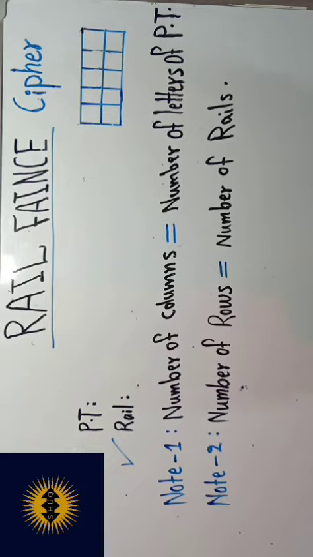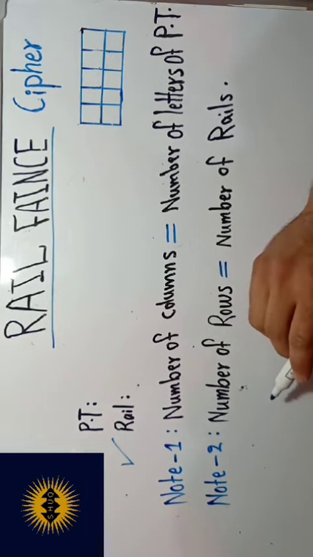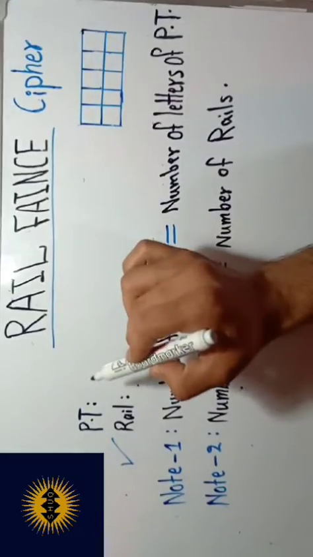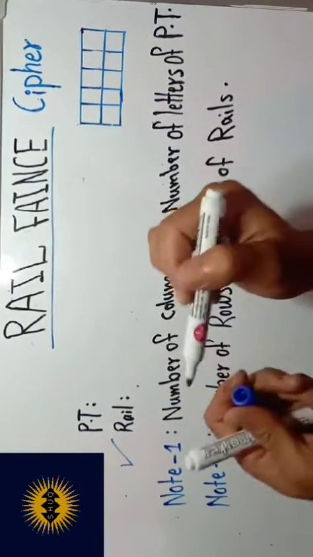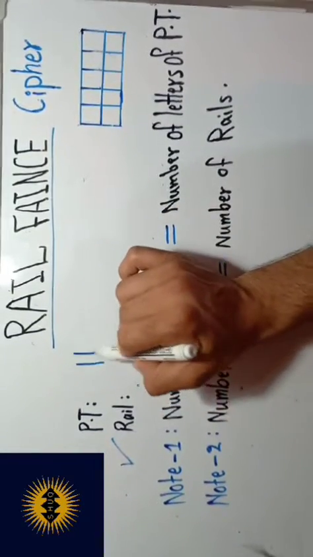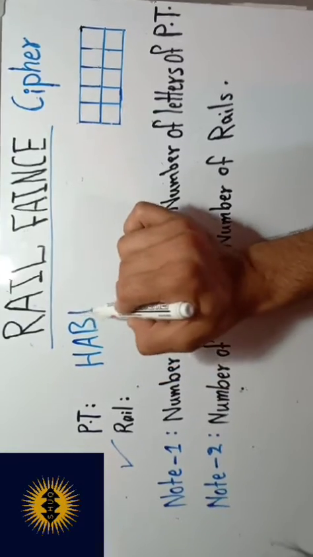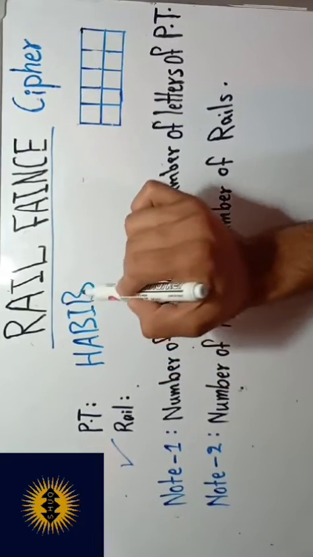So how to do encryption in Rail Fence Cipher? We should have our plaintext. For example, our plaintext is HABIB.